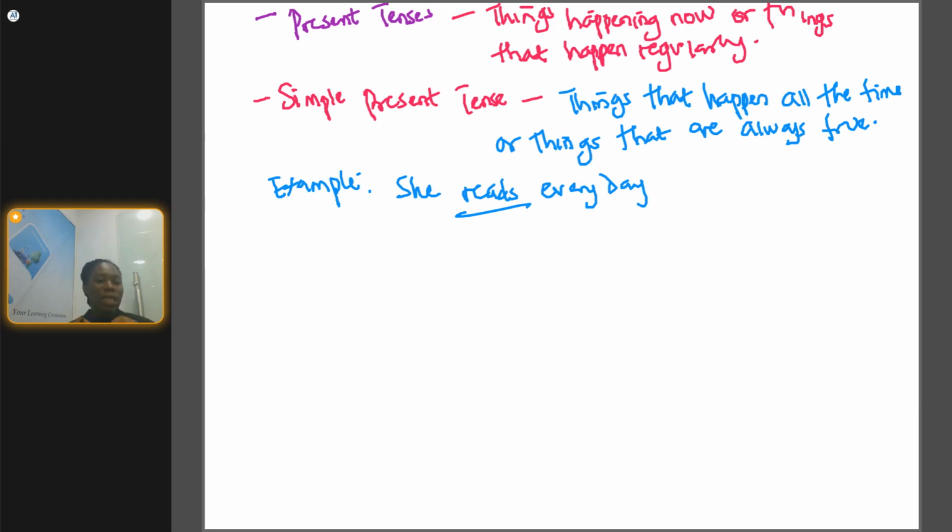It happens all the time. So in this case, reads is in the simple present tense, because it's something that happens all the time.